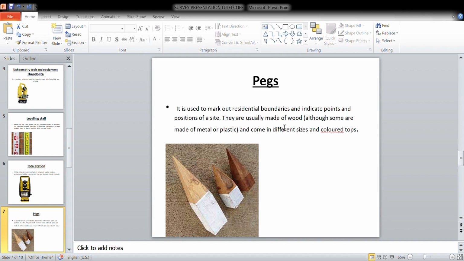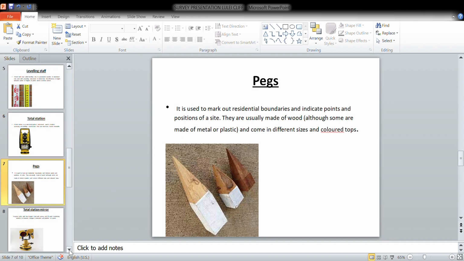They are usually made of wood or plastic or any metal and come in different sizes and colors so that they can be visible when doing surveying practice. I think we have exhausted the uses of pegs.